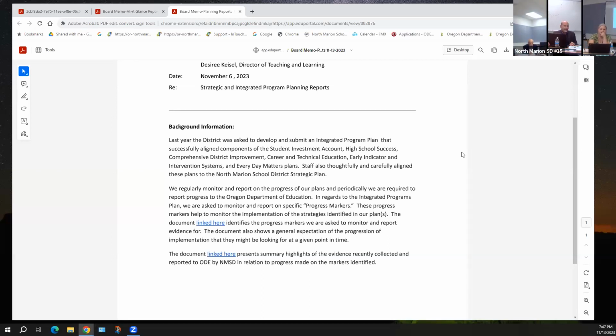We didn't intend on going into a long report about all the things we're doing in those areas, but we thought you might find it informative to see what those progress markers are. They help keep us on track, as evidence that we might have a chance of achieving the results that were expected.